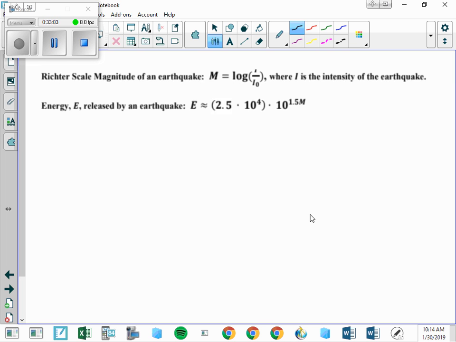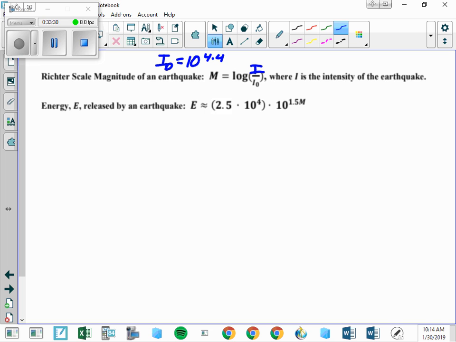So the Richter scale magnitude of an earthquake is given by that, where I is the intensity. Oh, I cut it off, but that's an I. And remember, I sub 0 is 10 to the 4.4. And then the energy released is given by that silly equation, which we'd never seen before, right?